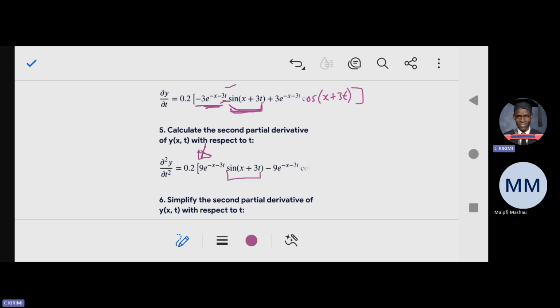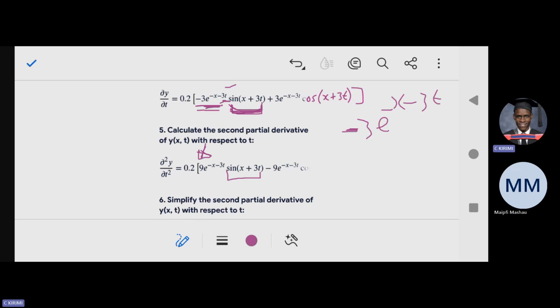Then now we are differentiating the second one, this one. So we keep the first one what? Constant. Yes. So if we keep the first one constant, it's minus 3, this one, e to the power minus x minus 3t. Now I'm differentiating what? Sine. So if I differentiate sine, what do I get? Cos. But the cos is going to be multiplied by a 3. And already there is a negative here.